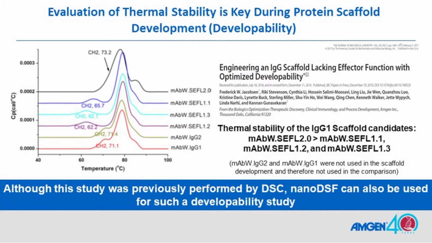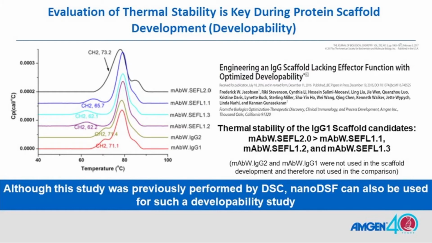Scaffold 1.1, 1.2, 1.3 are the asparagine 297 mutants of IgG1 molecules. These asparagine 297 mutants result in no glycosylation and therefore loss of effector function.